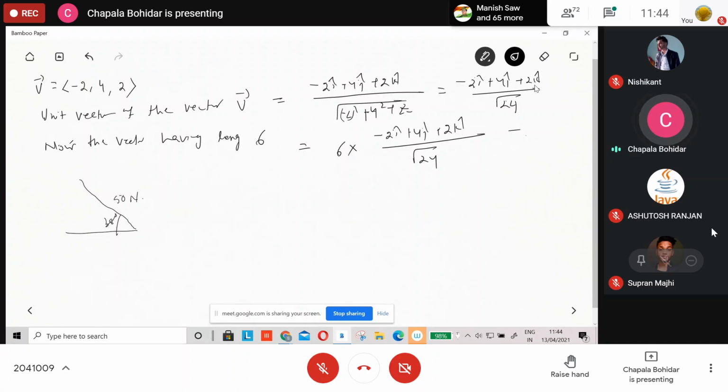Find the horizontal and the vertical component of the force. Very easy one, but tell me the answer.